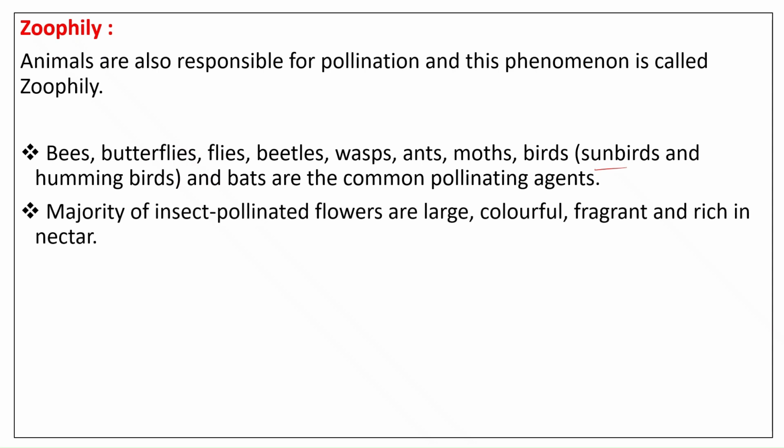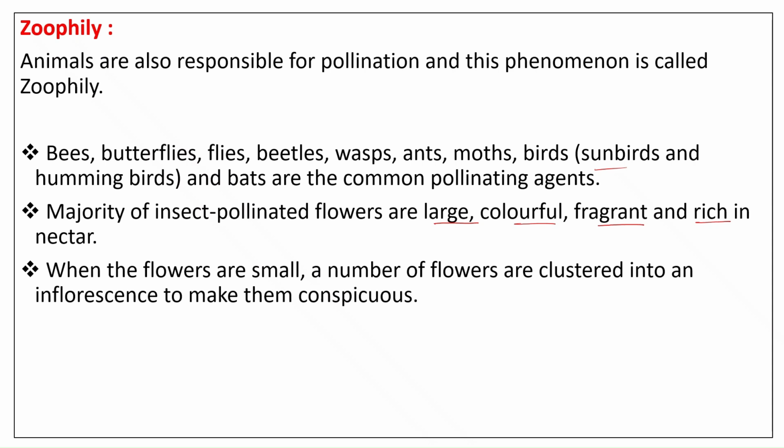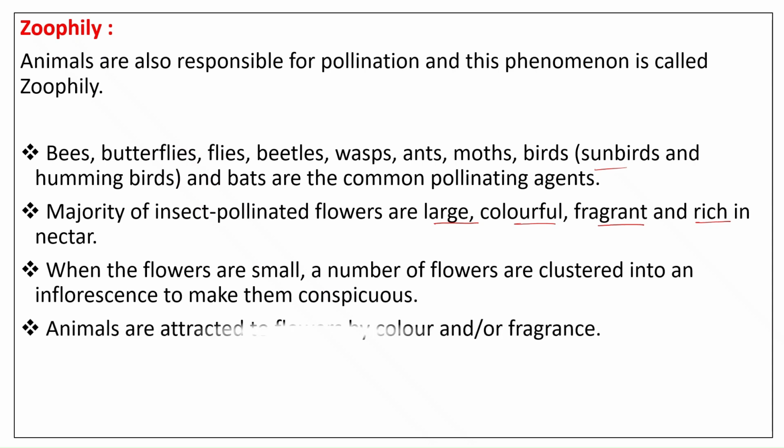Majority of insect-pollinated flowers are large, colorful, fragrant, and rich in nectar. When the flowers are small, a number of flowers are clustered into an inflorescence to make them conspicuous. Animals are attracted to flowers by color or fragrance. Let's study one by one.